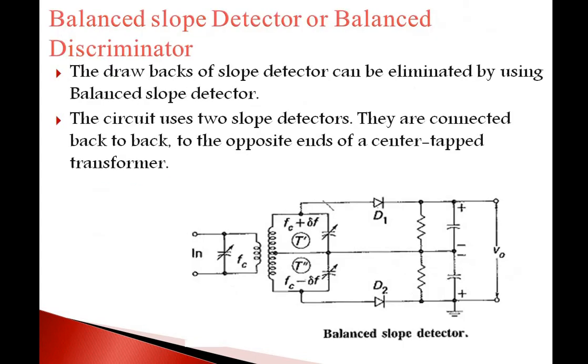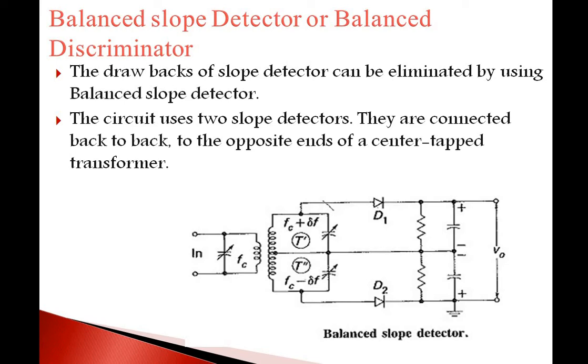Clear? So to overcome the drawbacks of the slope detector, we are going for the balanced slope detector or the balanced discriminator. Okay, this is the balanced discriminator circuit. Here you are using two tuned circuits. The drawback of the slope detector is completely eliminated by using the balanced slope detector.